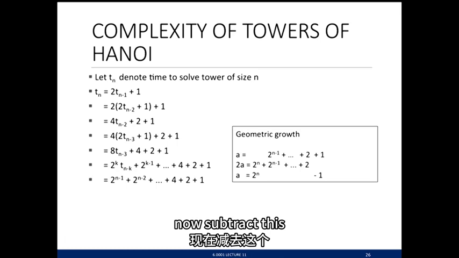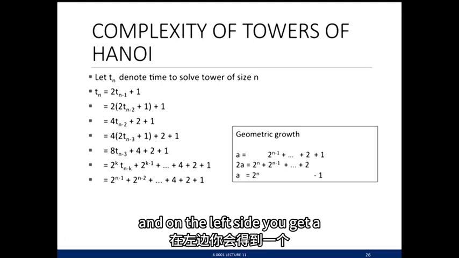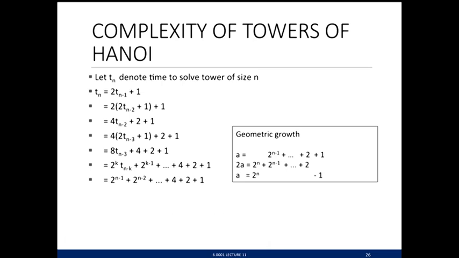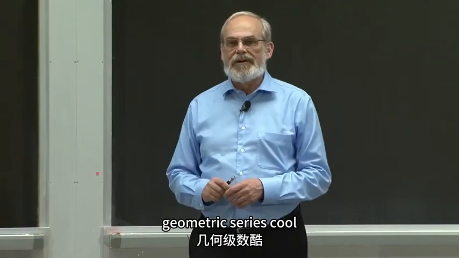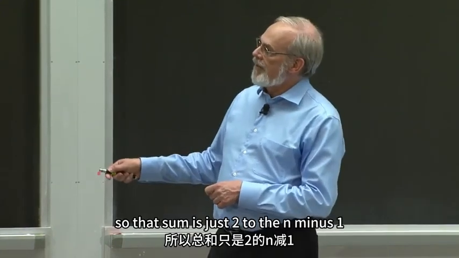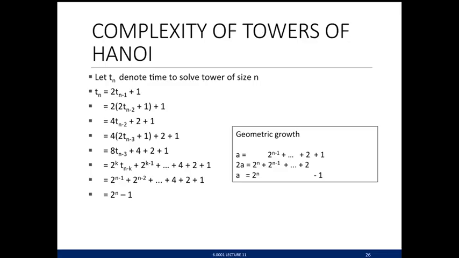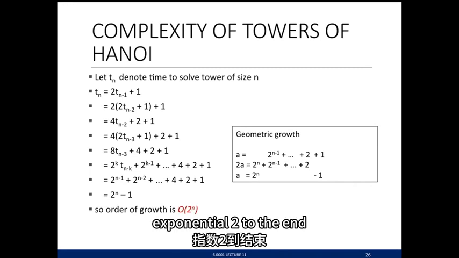Now, subtract this from that. On the left side, you get a. On the right side, you get that term, these all cancel out, minus 1. Geometric series. Cool. So that sum is just 2 to the n minus 1. And if I plug that back in there, I've got my order of growth. Exponential. 2 to the n.